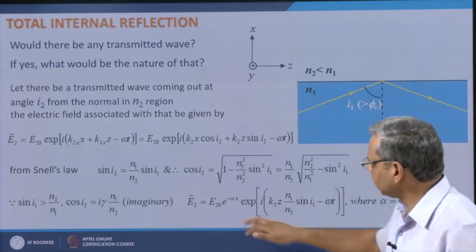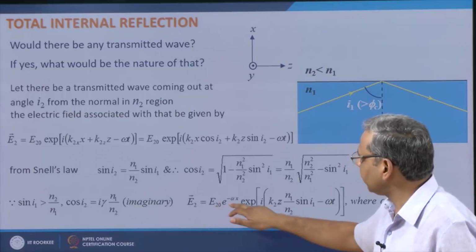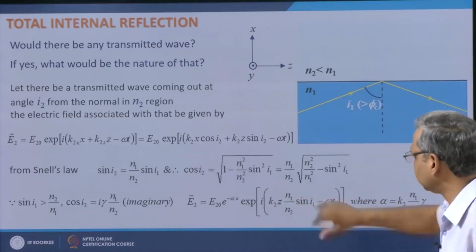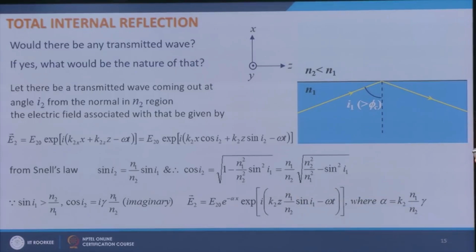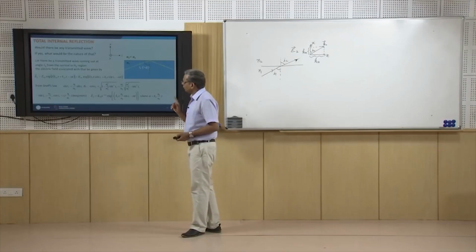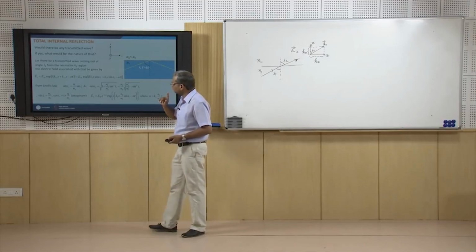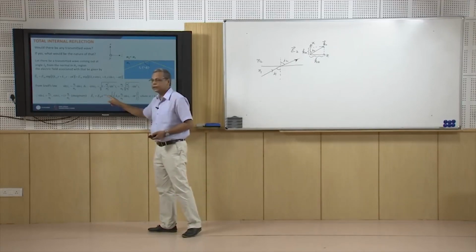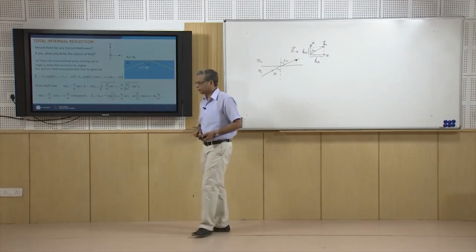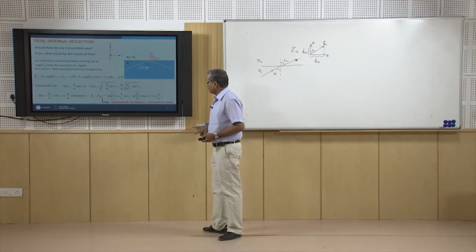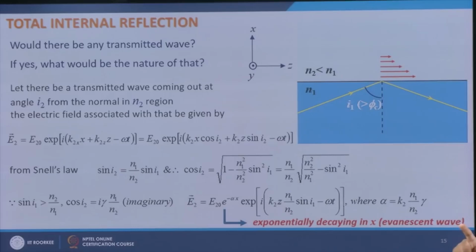So I will get some E20 e to the power minus alpha x times this, where alpha is this. So what have I got? I have a transmitted wave whose amplitude decreases with x exponentially. So I have a transmitted wave whose amplitude decreases exponentially in the x direction. This is known as an evanescent wave.